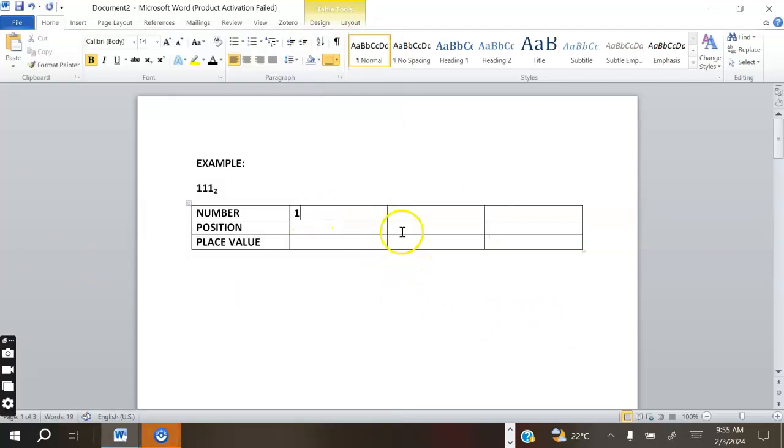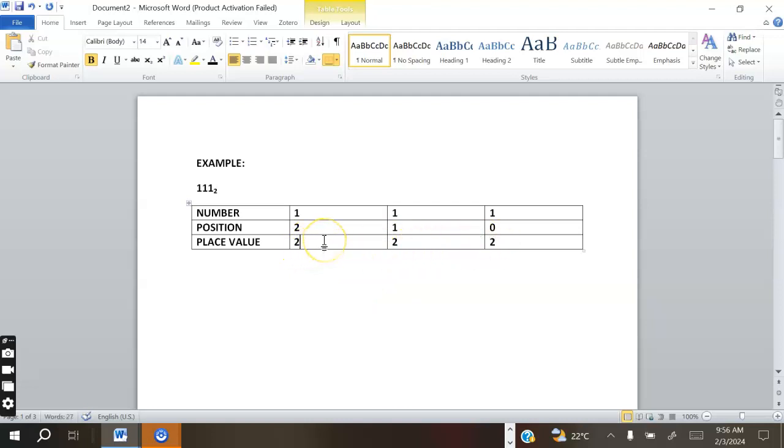So you write down the number, that is 111, then you write the place values, that is 0, 1, and 2. So the base is 2, base is 2, base is 2.